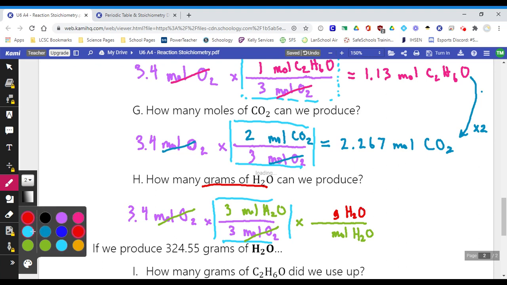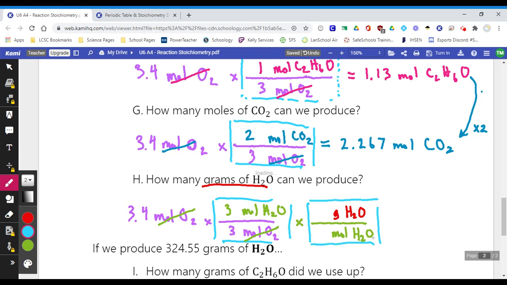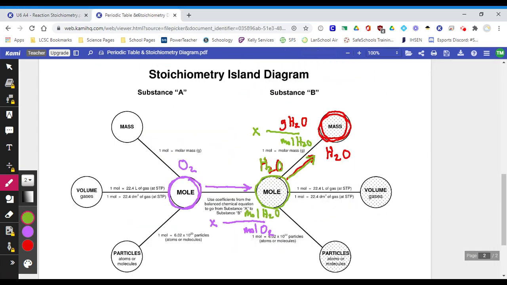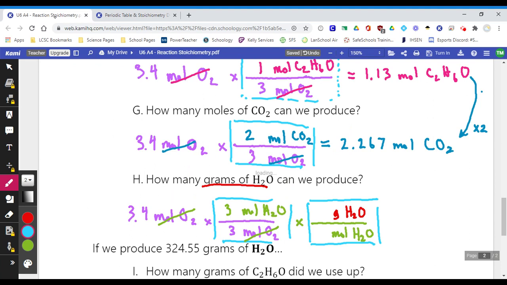So this conversion factor is dealing with my molar mass. If you were not sure, the stoichiometry diagram is also there to help you on that too. If you hop back to here, 1 mole is the same as the molar mass in grams of something. So if I am 1 with moles, all I have to do is add up the molar mass of everything in the chemical formula.